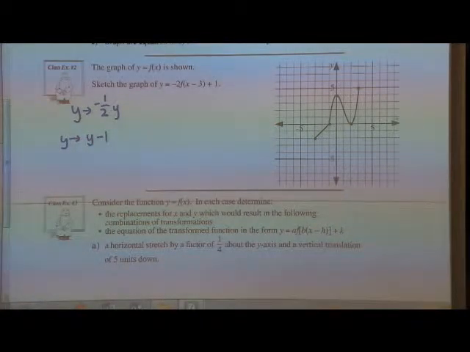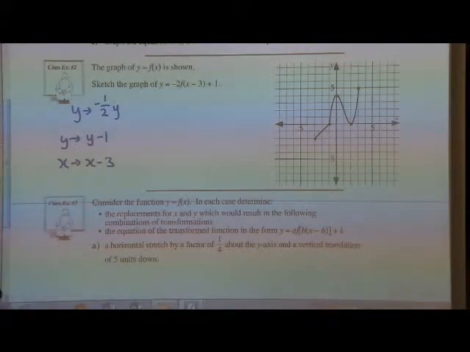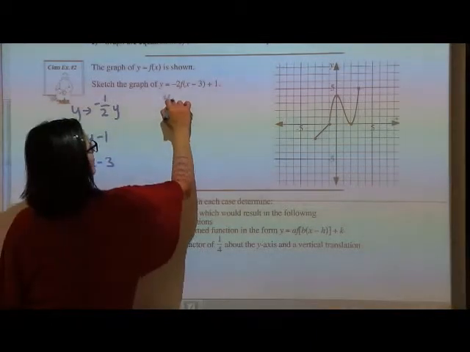Which one's done first, though? So 1/2. Right. Okay. And what else am I replacing? X with an x minus 3. Okay. So this replacing y with a -1/2 y, what is that going to do to the graph? Vertically stretch it by a factor of 2.